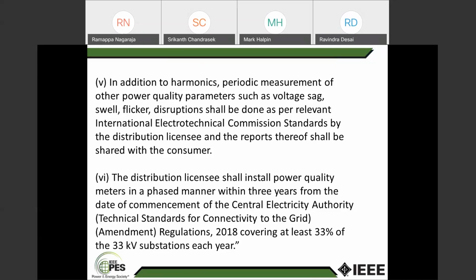Some utility companies will have contract clauses associated with, for example, flicker or unbalance. If the utility company chooses to enforce those types of power quality limits, then yes, they would certainly monitor that type of phenomenon accordingly. But it's certainly not a requirement.